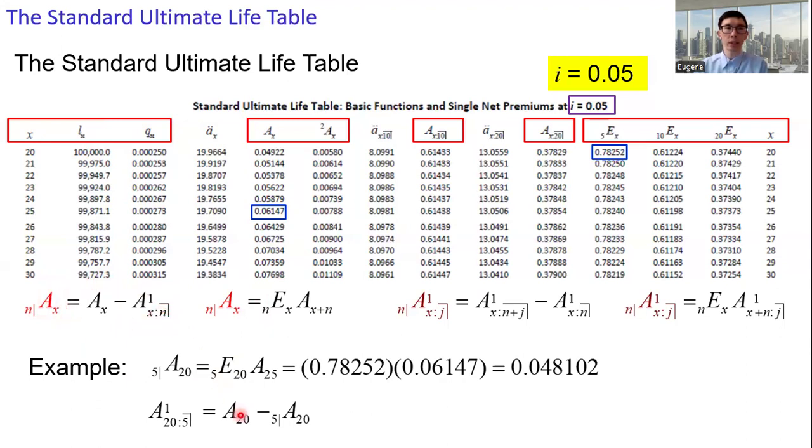We can get A20 along this column, and then we have already calculated the 5|A20. All right, A20, 0.04922, and then minus 0.048, and we get the answer for the 5-year term insurance.